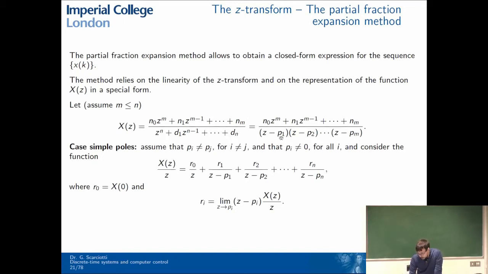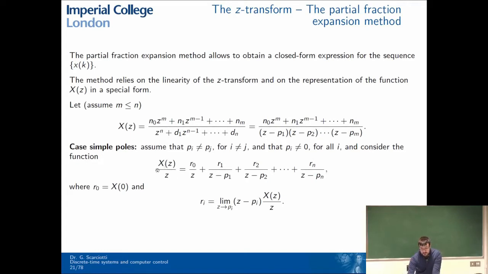The pole is the number that, replaced for z, makes this monomial equal to 0. So the pole of this monomial is p1. The pole of this monomial is p2, and so on. In this case, all these poles are different, and pi is different from 0.